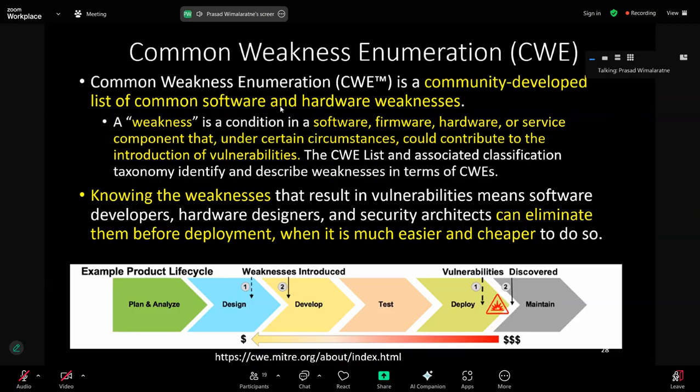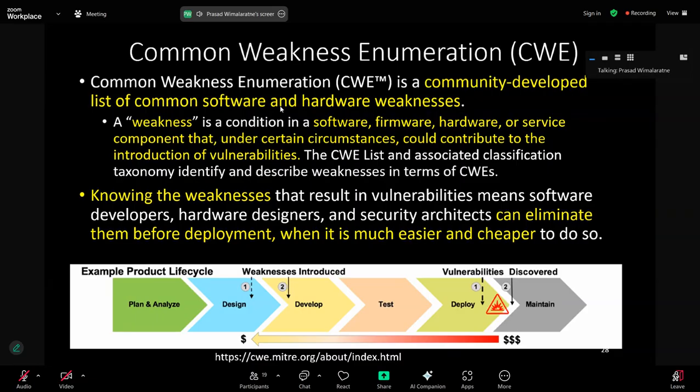So if you look at the bottom here, this is trying to indicate the cost factor actually. So as you go down the life cycle towards this side, the cost becomes much more. If you fix the problem at the design phase and implementation phase, the cost to fix them at that stage is much less compared to trying to fix them during the maintenance phase, for example, right?